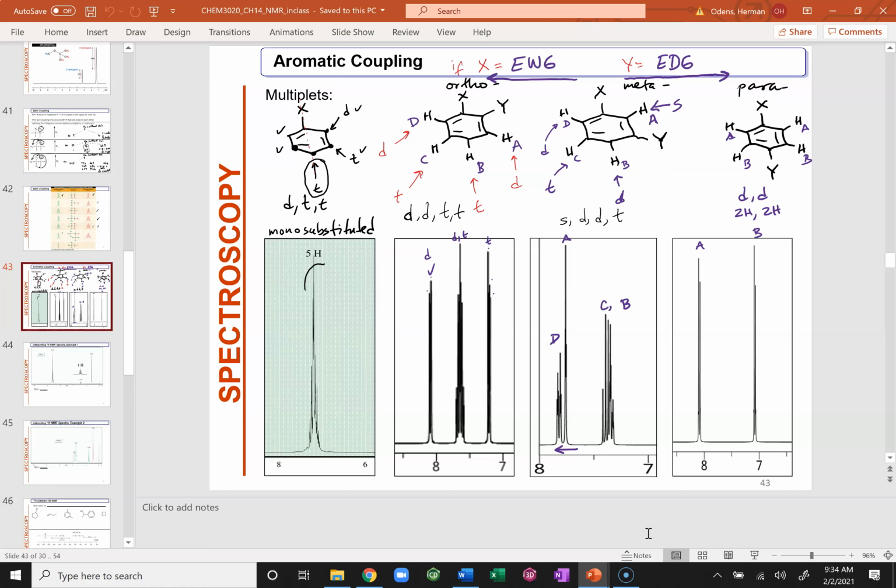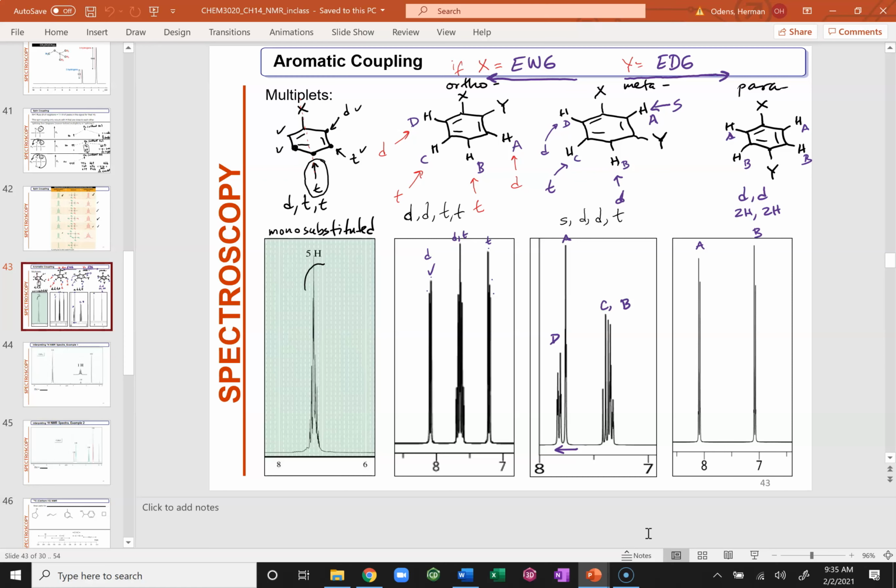When it's monosubstituted, you will know immediately if you have a spectrum that has a multiplet that integrates for 5, you know that's a monosubstitution because a benzene ring has 6. You lost one proton, so there must be some sort of attachment there, leaving 5 protons in the ring.